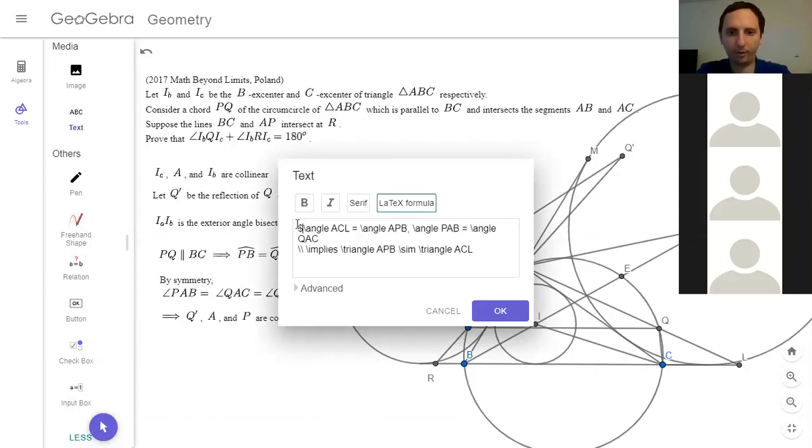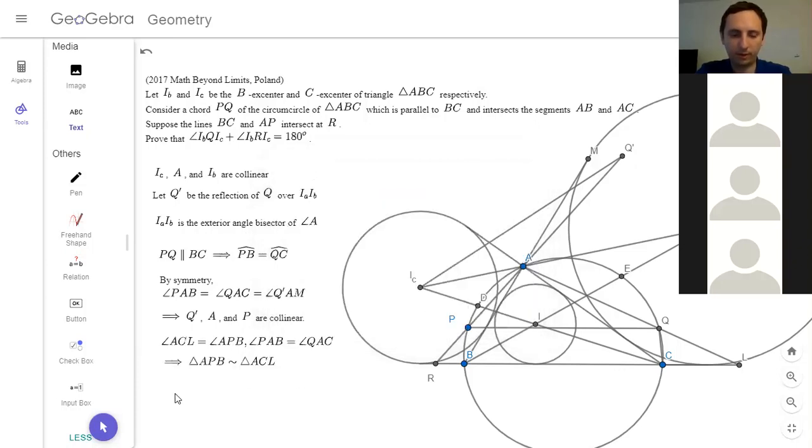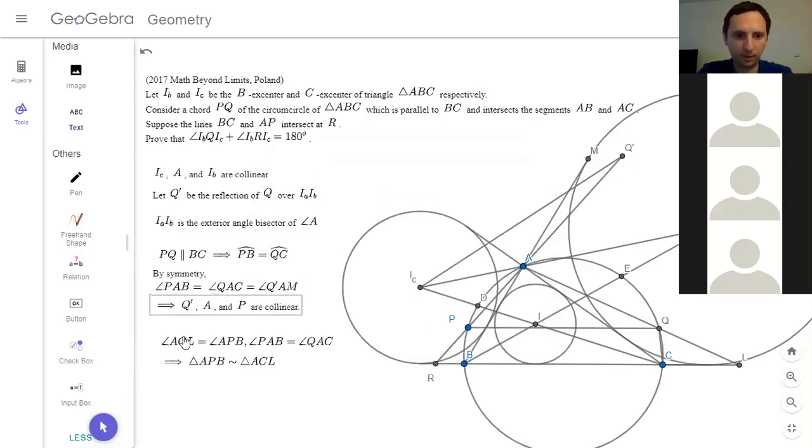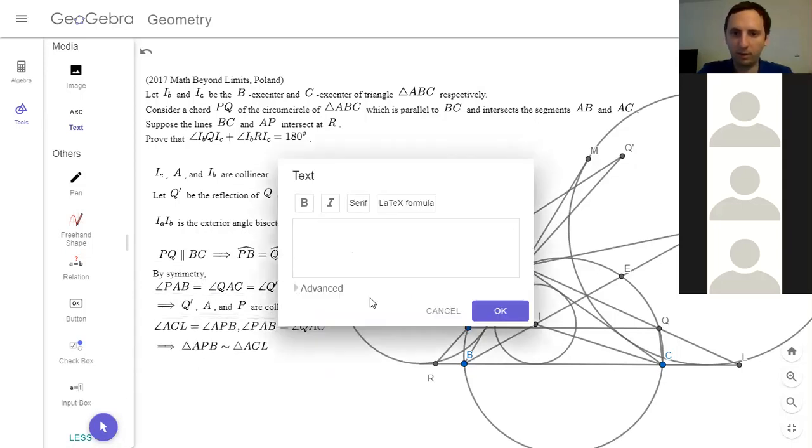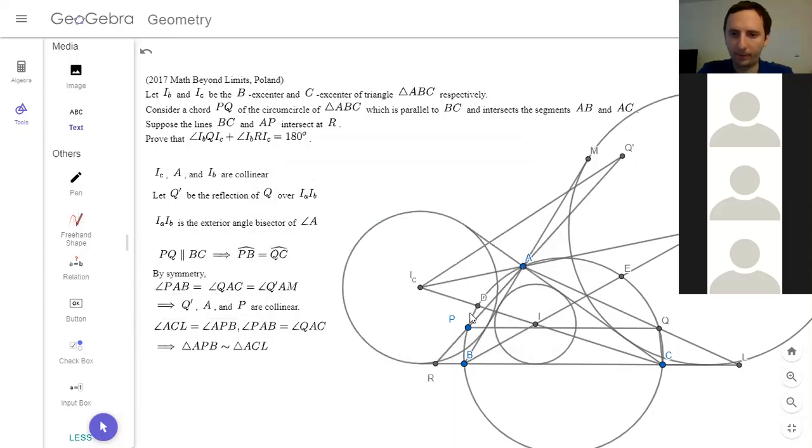And so now we can do all the stuff with the ratios. So we have AP over AC is equal to AB over AL.